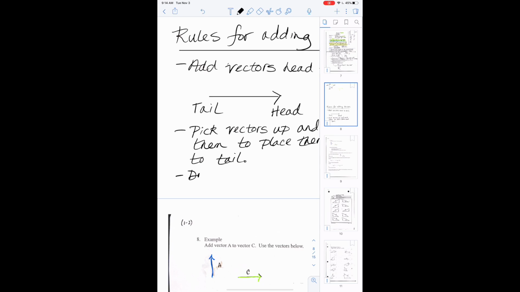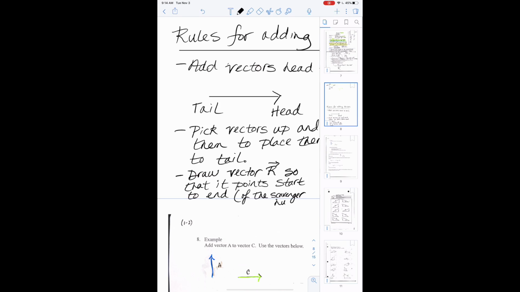So draw vector R, or the resultant, so that it points start to end of the scavenger hunt.